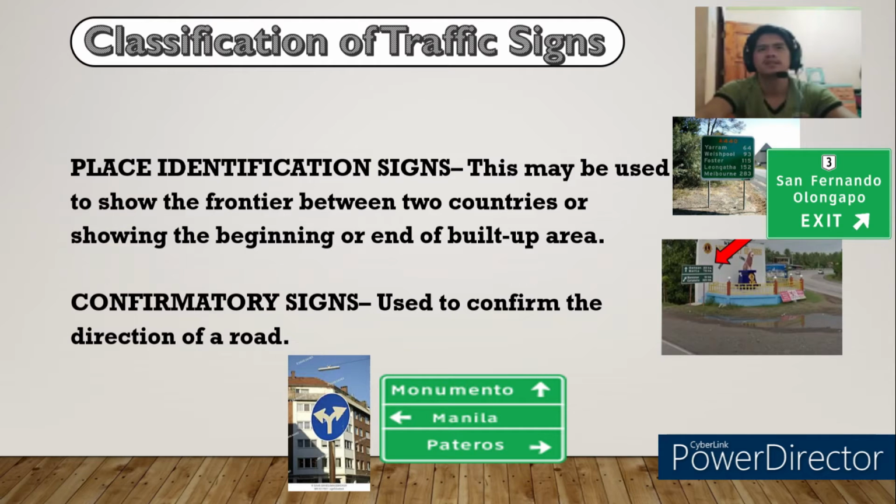Next is the place identification sign. This may be used to show the frontier between two countries, or the beginning or end of a built-up area.